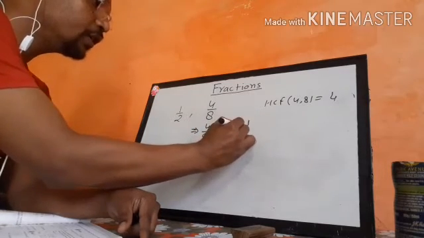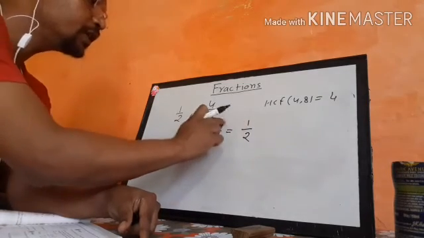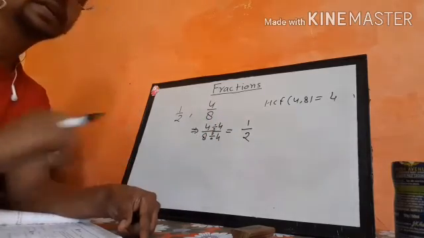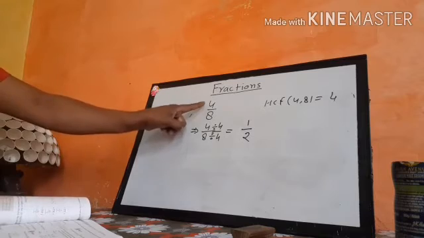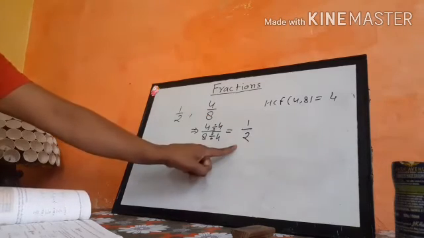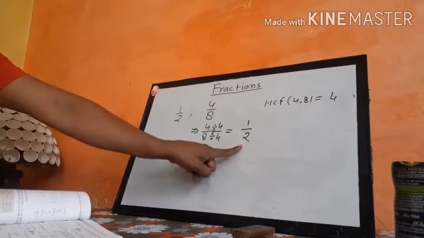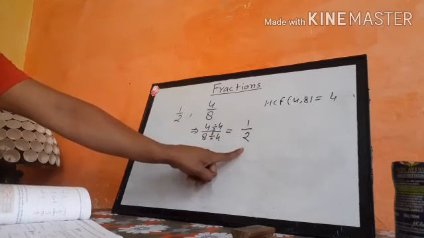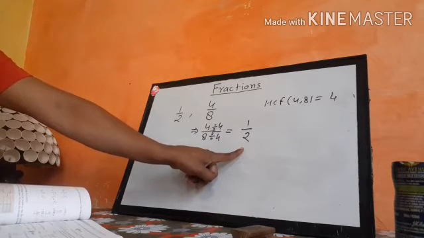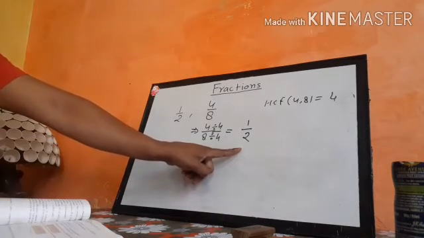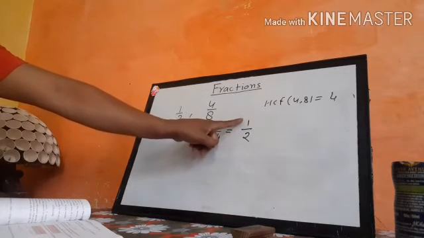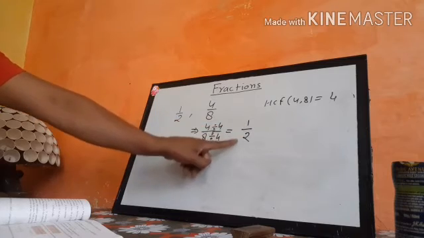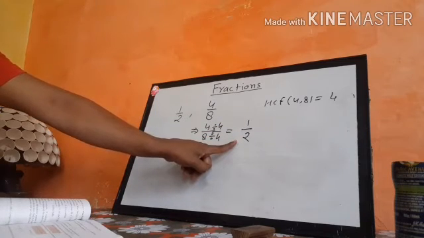So here we get 1 upon 2, 4 divided by 4 is 1 and 8 divided by 4 is 2. So the actual value of 4 upon 8 is 1 upon 2. This value is known as the standard form of the fraction. We will divide and convert the fraction into the smallest numbers until we get numbers that do not have any common factor, right?